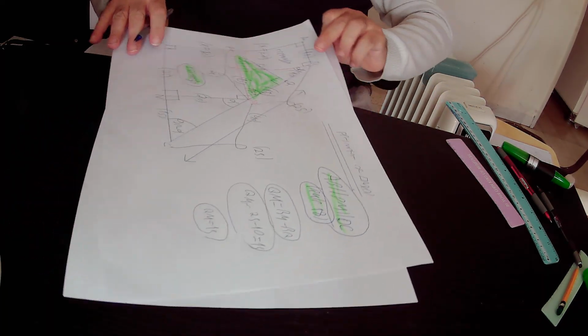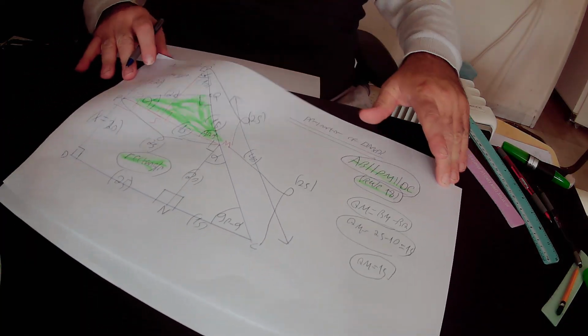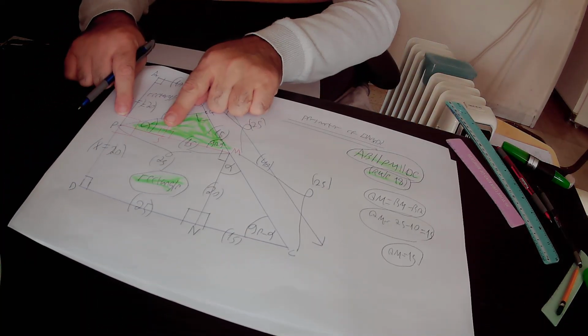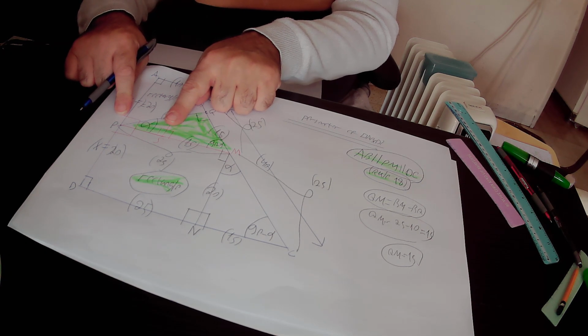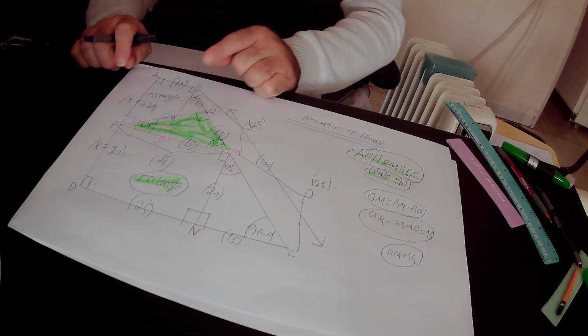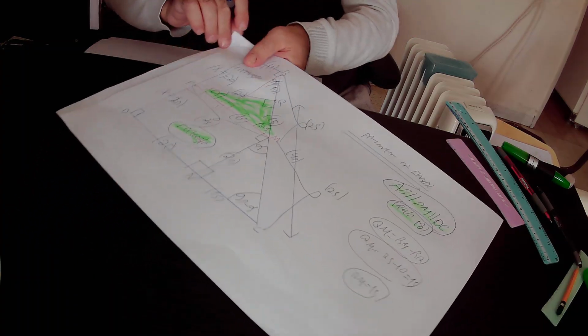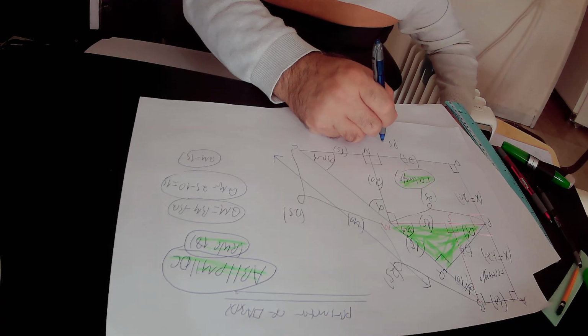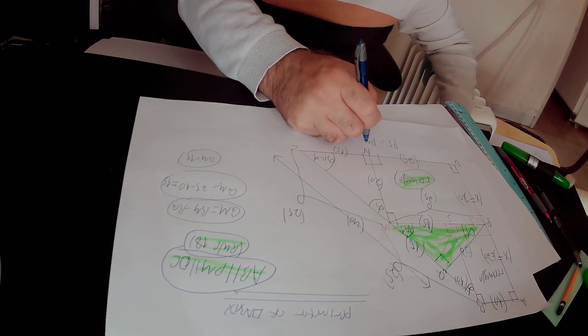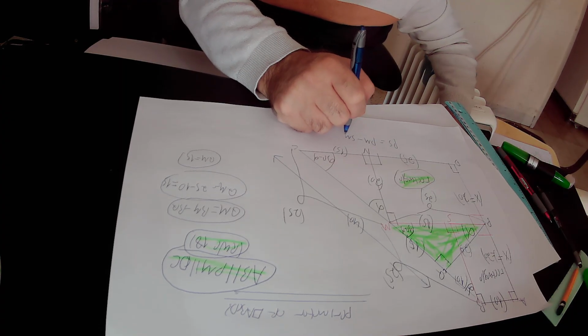What is the length of this missing side PS? From the drawing, it is very easy to say that PS in total equals PM minus SM.